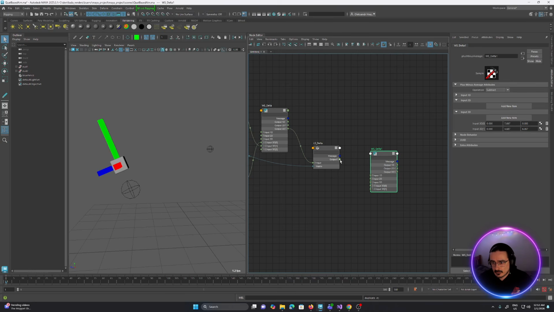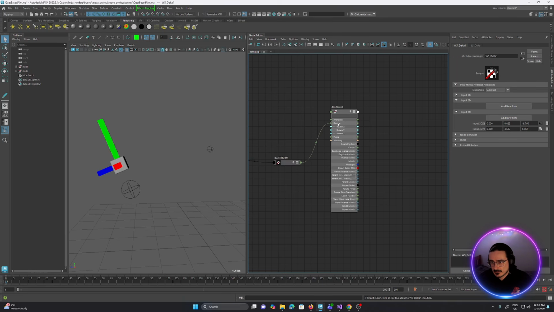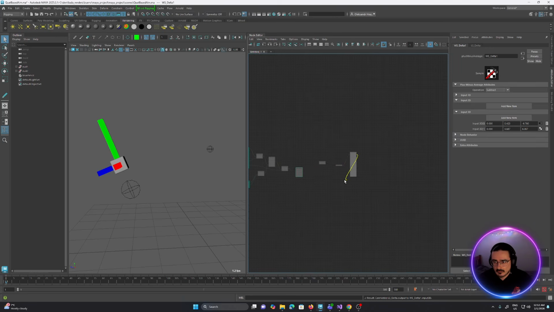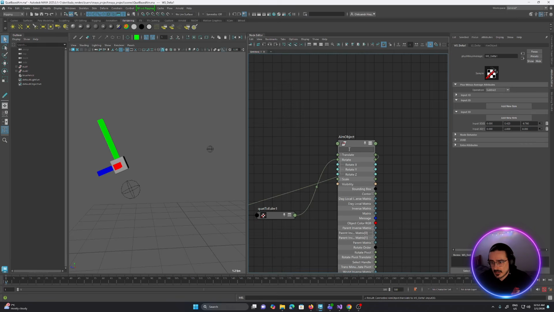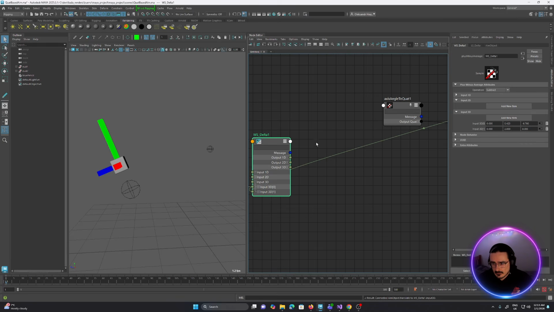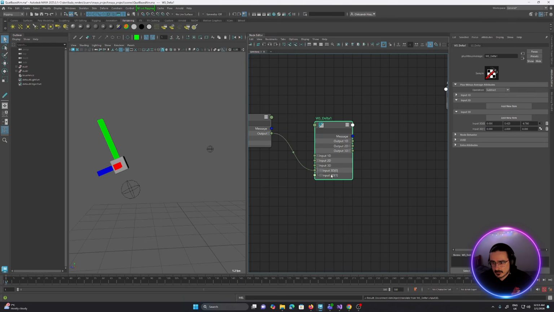So here we need to subtract from my local space delta the local position of my aim object. But I would keep it as a constant. So here we have 2 units in y direction.